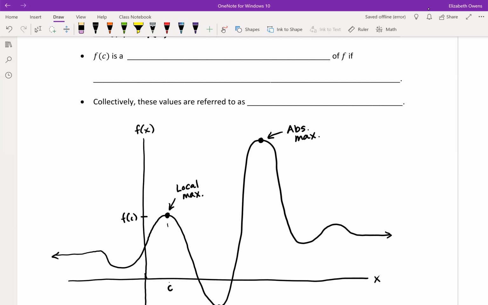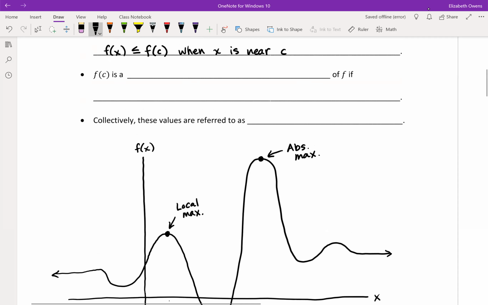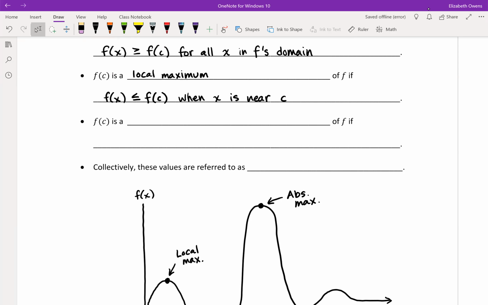Okay, so that would be a local maximum. Oops, ditched my y-axis there. There we go.